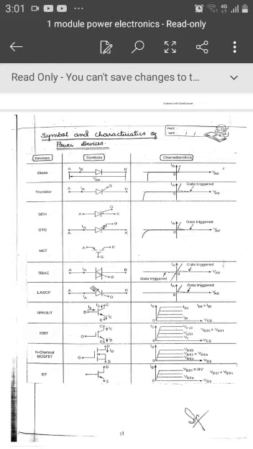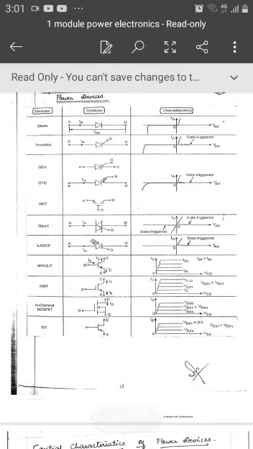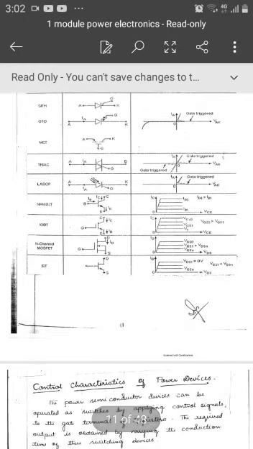The figure shows the symbol and characteristic of a GTO. GTOs are used for low power applications. The gate drive required for turn off is very large. Hence, the drive circuit of GTOs requires more power.